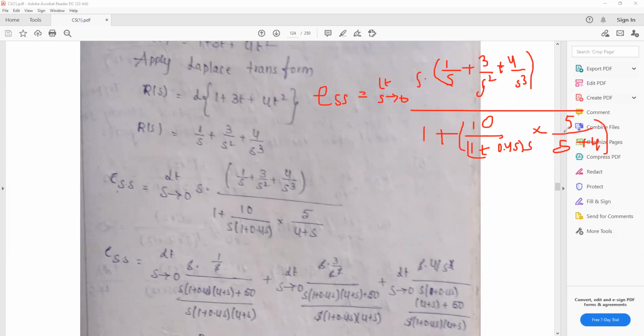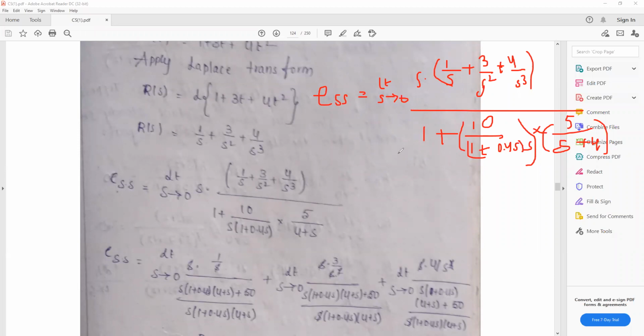So we now have to separate the three terms.